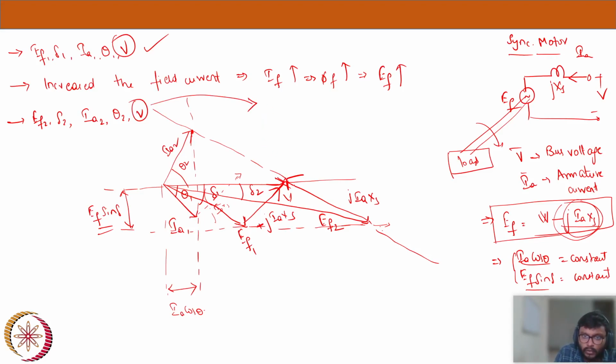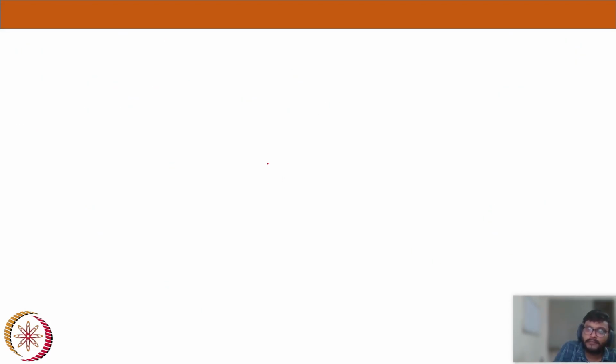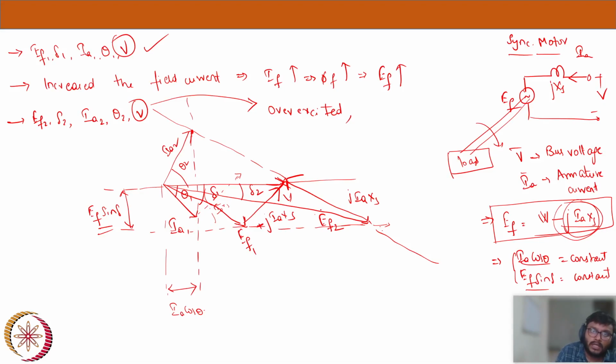This is EF2, and it is definitely more than V. This is overexcited. What is the power factor for this overexcited condition? EF2 is this, IA2, and this is V. Theta 2 is on top of V, so it would definitely be a leading power factor.